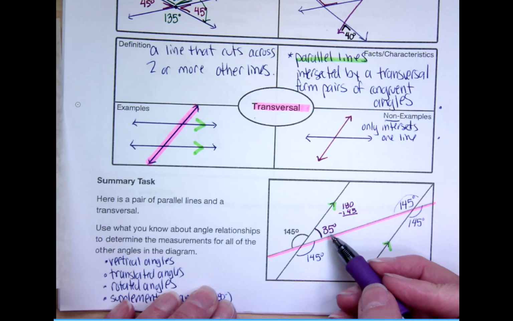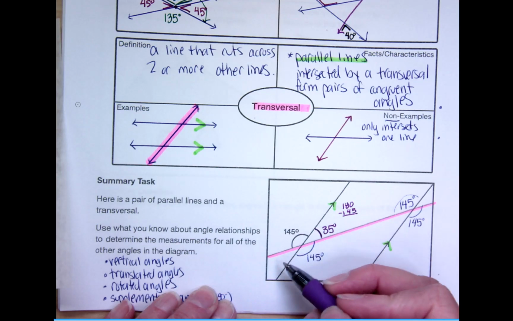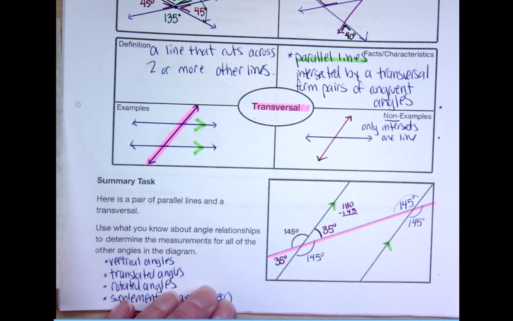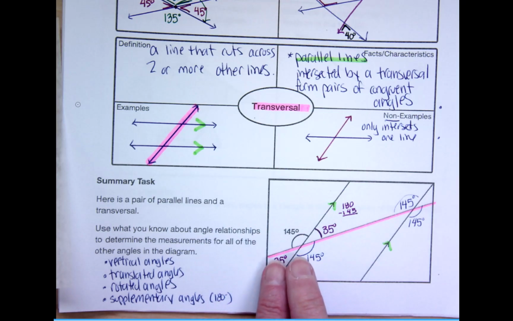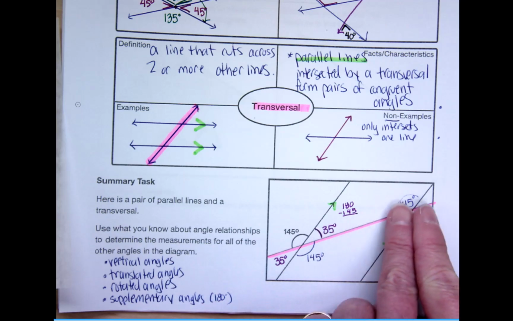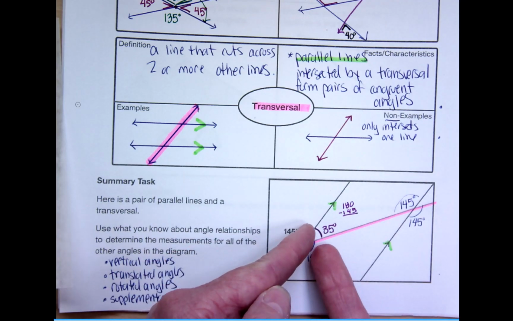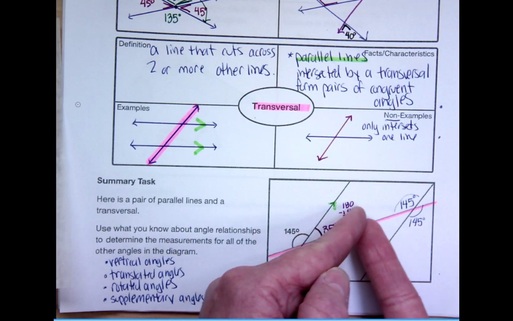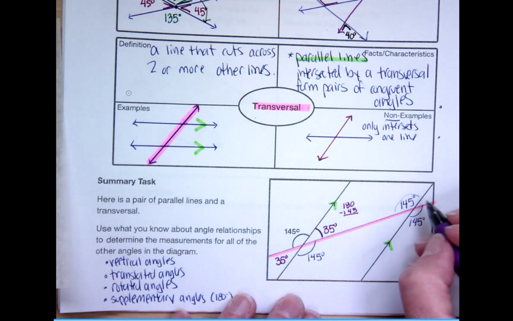Well, if that's 35 degrees, then this angle, which is a vertical angle, is also 35 degrees. And just like I was able to translate that 145 degrees right down this pink transversal, I can do the same thing with this 35 degrees. I can take that angle, translate it right down to here.